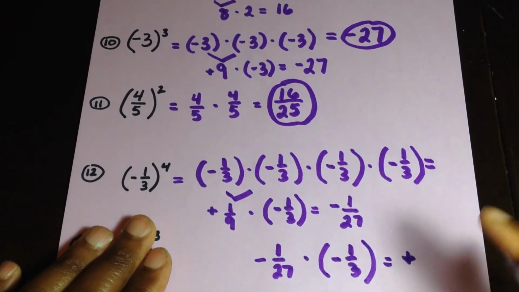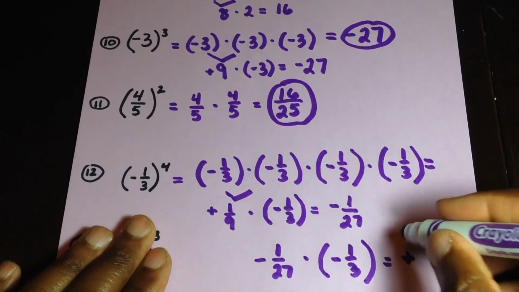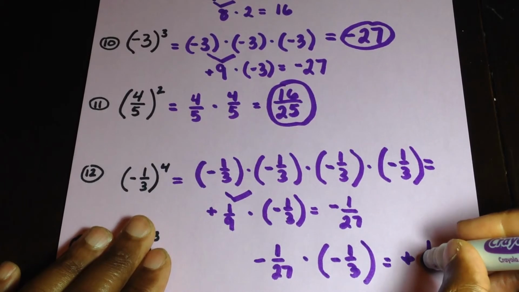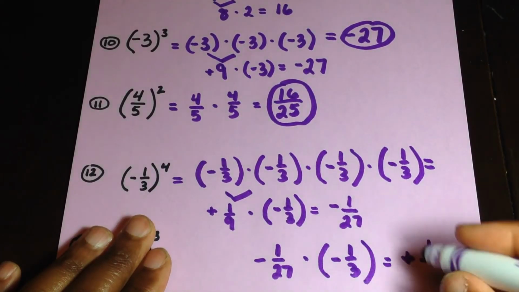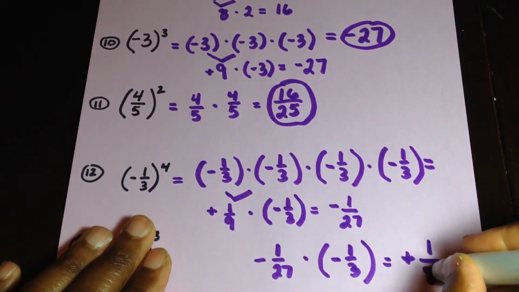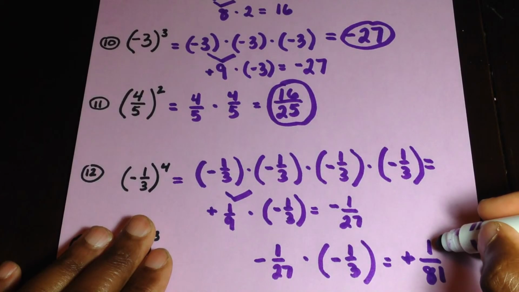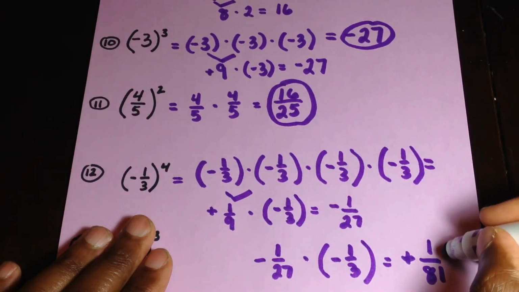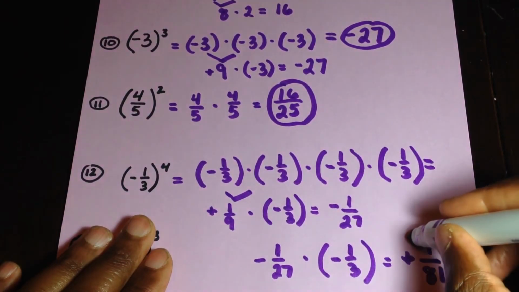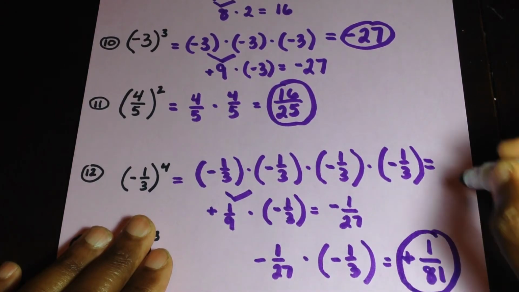So it's going to be positive. And then you have 1 times 1, which is still 1, and 27 times 3 is going to come out to 81. After all that work, we found that 1/81 is going to be my final answer, and it is positive.